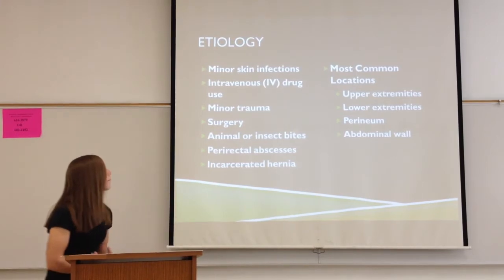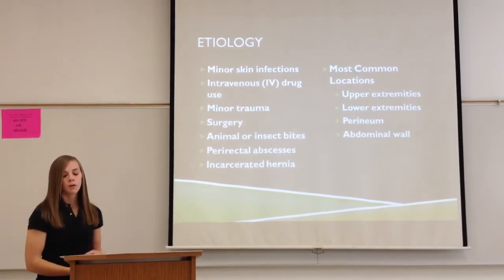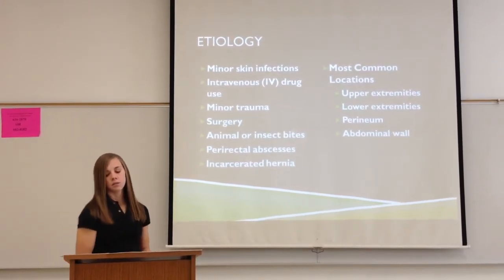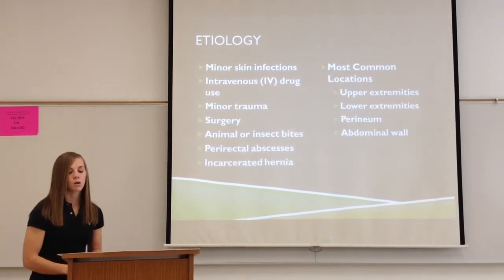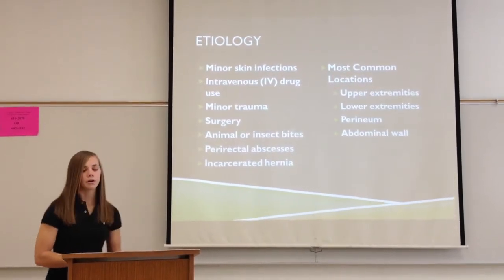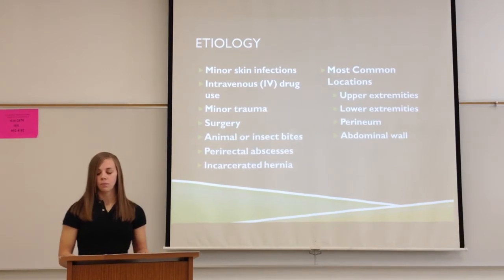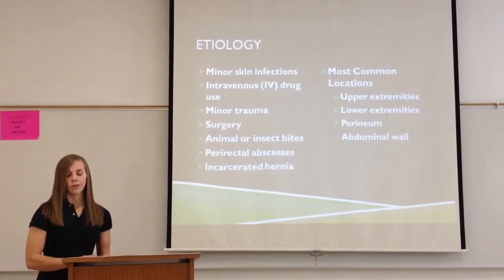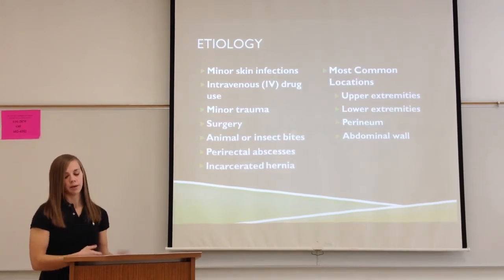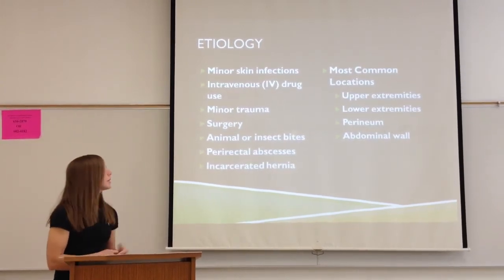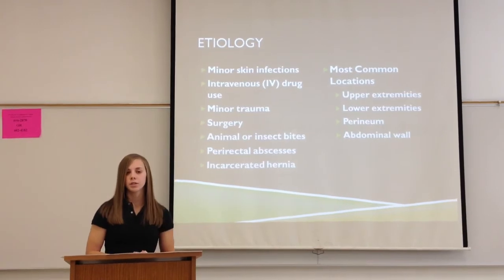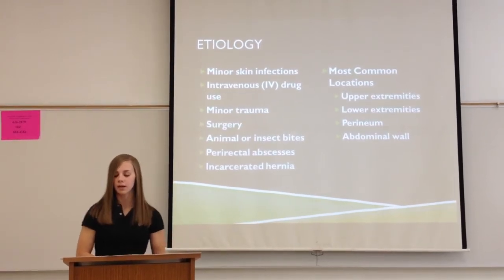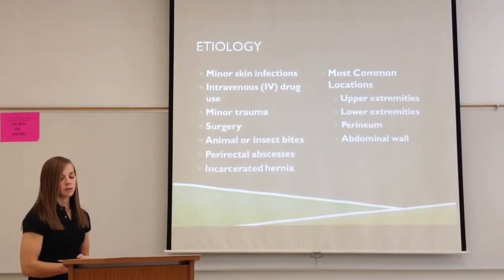You can also get it from minor trauma or surgery, animal or insect bites, perirectal abscesses, or an incarcerated hernia, which is just when a portion of the bowel where the intestine becomes trapped and then the bowel becomes obstructed. So basically any penetration of the skin or opening in the body can allow the bacteria to enter the body.